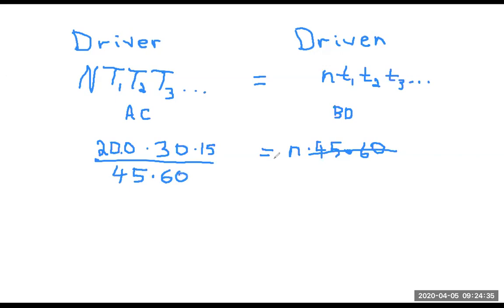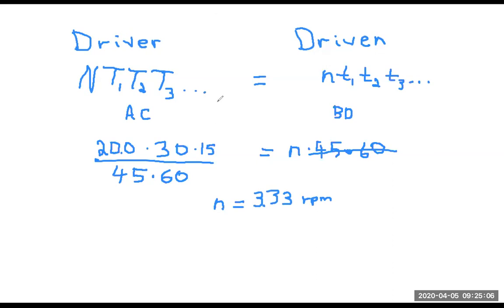This does not have to be a whole number, because it's the RPMs. The teeth have to be whole numbers. When you compute this, you need 3 sig digs, so you're going to say 3.33 RPM. And that's how we do this kind of problem.